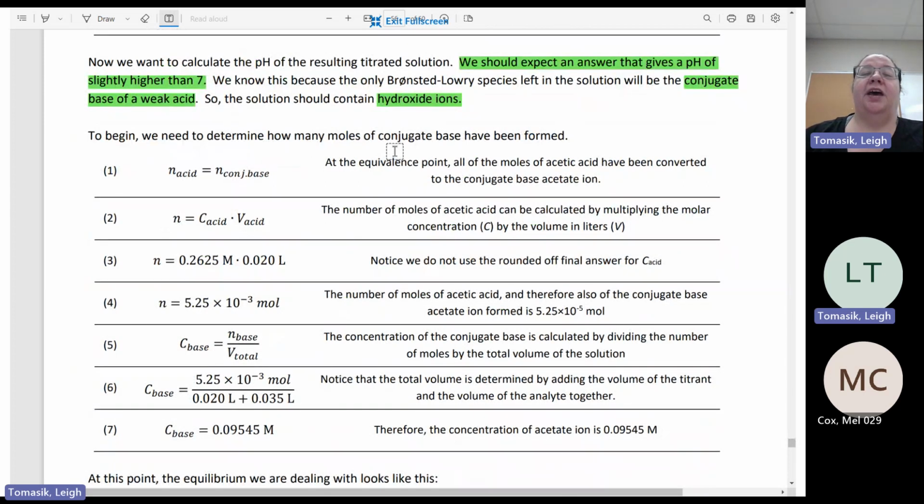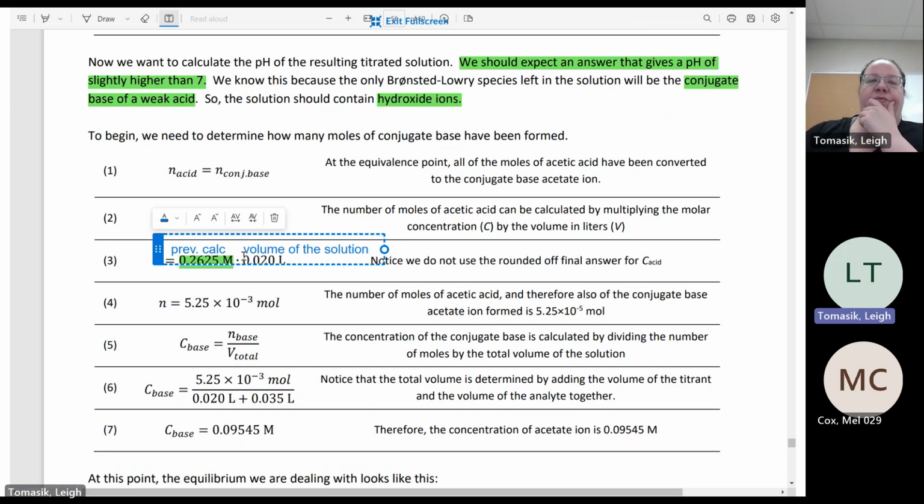To begin, we need to determine how many moles of conjugate base have formed. So what we're going to do is use this number from the previous calculation, and this is the volume of the solution.